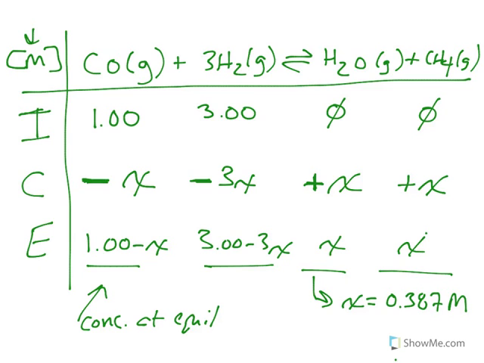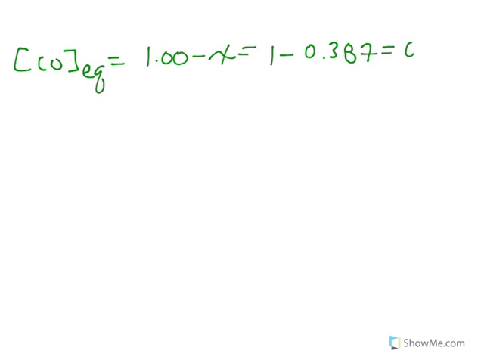That made this a lot easier, because now we can go through and say, my concentration of CO at equilibrium was equal to 1 minus X, which happens to be 1 minus 0.387, which is equal to 0.613 molar.